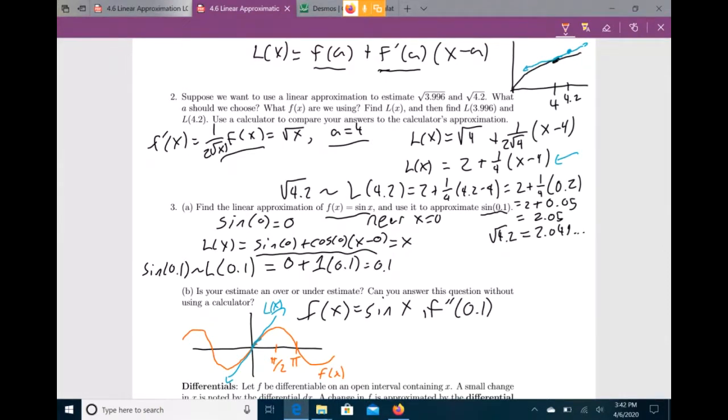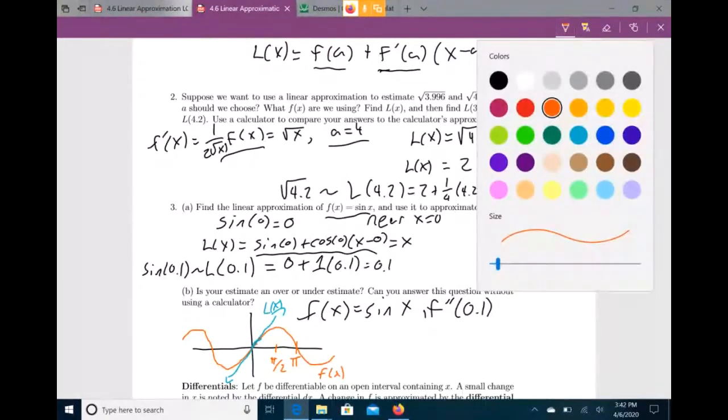Okay, good. So most people have said overestimate, which would be correct, and probably the better way to think about this is just to look at the graph. Here in red, or shows up as orange on my other screen, we have the graph of sine, and then the linear approximation is just L of x equals x.